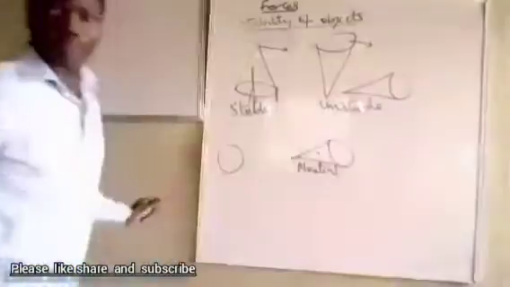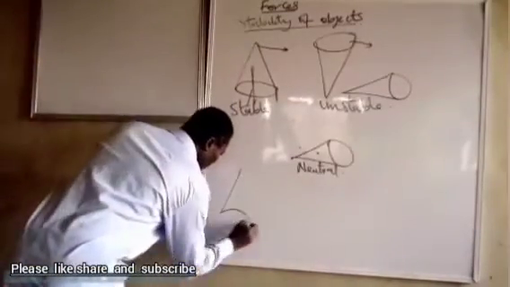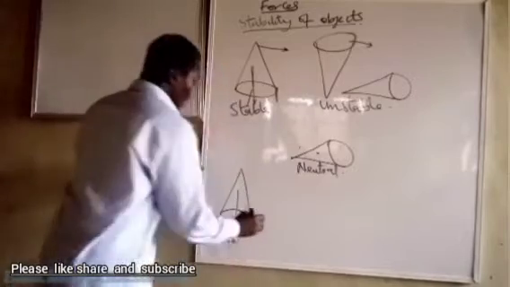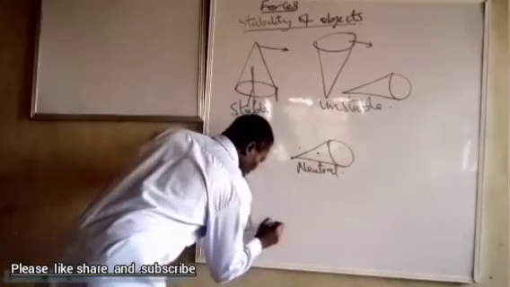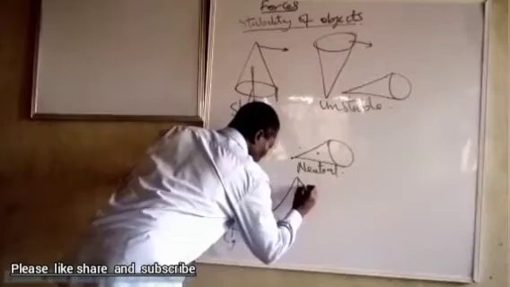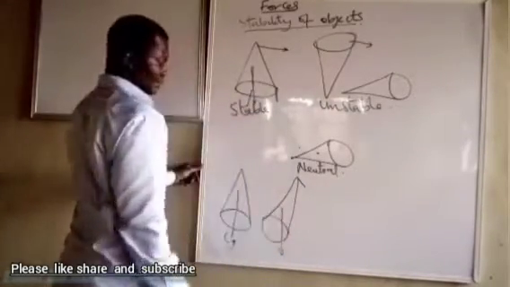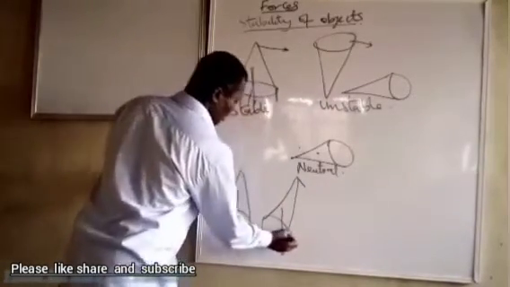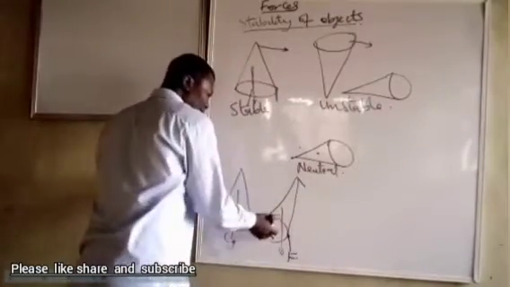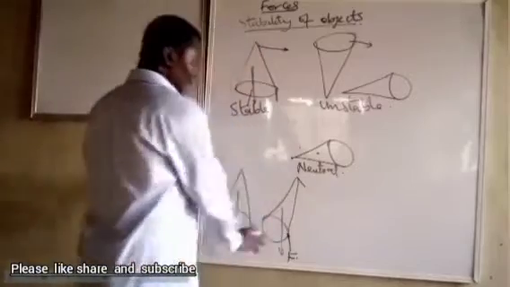Look at the stable one. Now, if a force acts on it, you see, the center of gravity is still out of this point that acts as the fulcrum. So it has a tendency of coming back here conveniently. That is why it is stable.